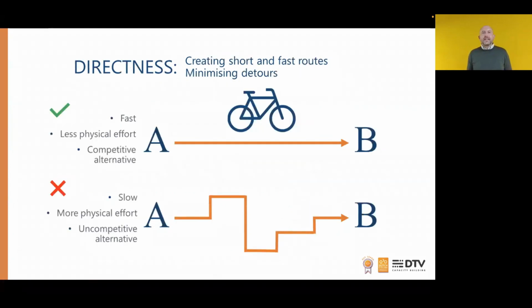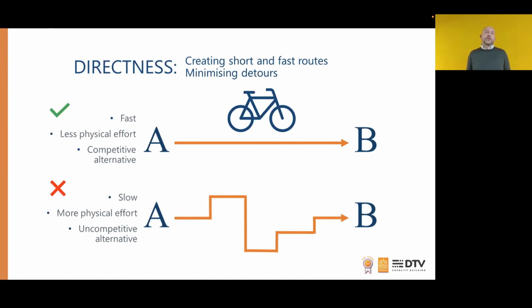Well, the second principle I would like to highlight is directness, which is really about creating short and fast routes and minimizing detours as much as possible. So we want to have it fast because the cyclist can become a competitive alternative to the car. But minimizing stops or detours is also good to imagine, because the bicycle is human powered.